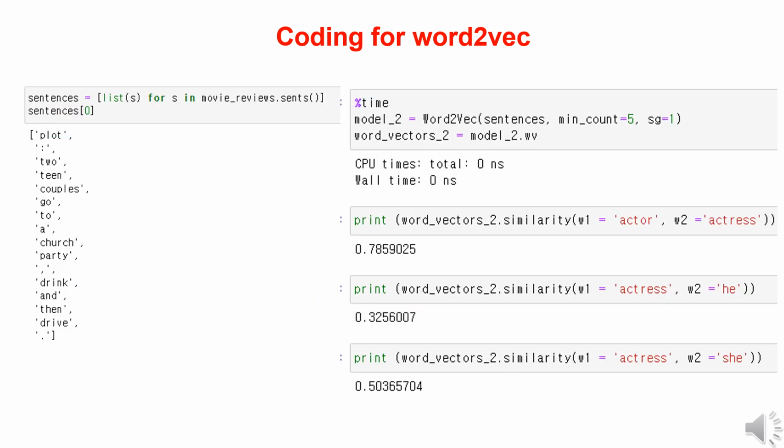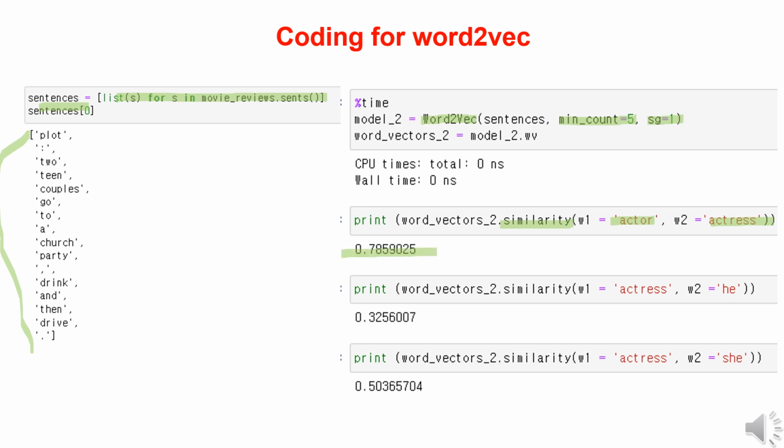Furthermore, when we load each sentence, we can see that they are in the form of lists of words. We then input this text into Word2Vec, training it with a minimum frequency of 5 occurrences and using skipgram, sg equal to 1. After training, if we calculate the similarity between actor and actress, we get a value of approximately 0.79.